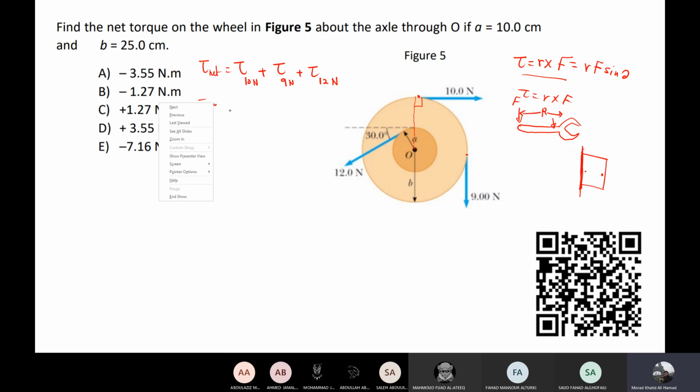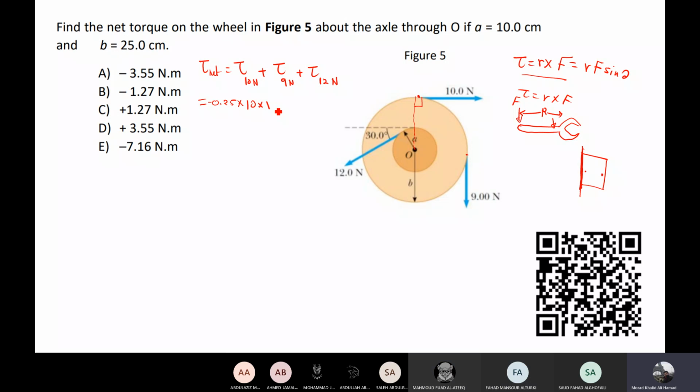I will convert it to meter because the answer is in meter. So it is 0.25 times 10 Newton times sine 90, which is 1. Right? Is it clockwise or counterclockwise? It's clockwise, so it's minus. Excellent. Here we put minus. Clear?